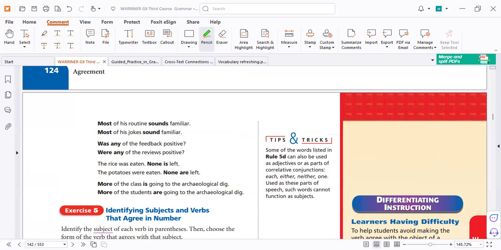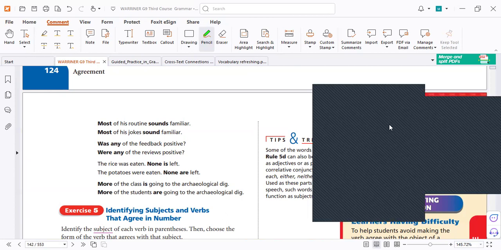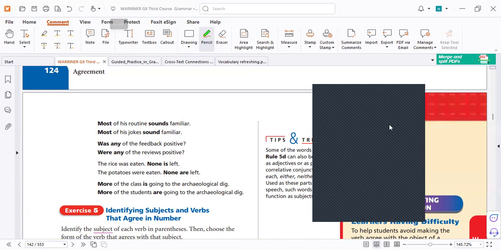Now, Engineer John, right? Always, John, write the homework by your hand, not to forget.